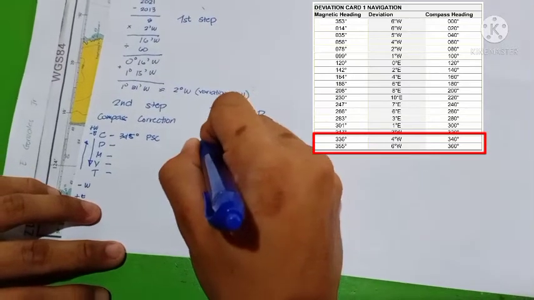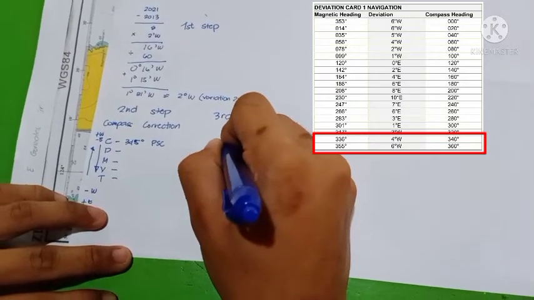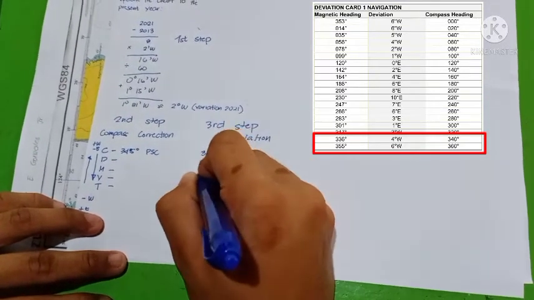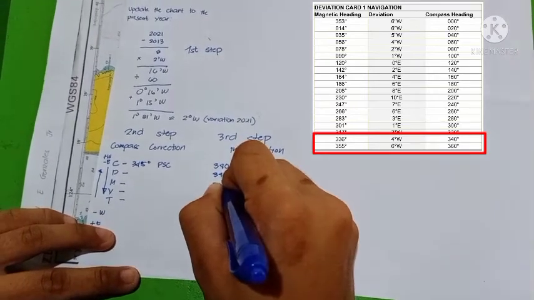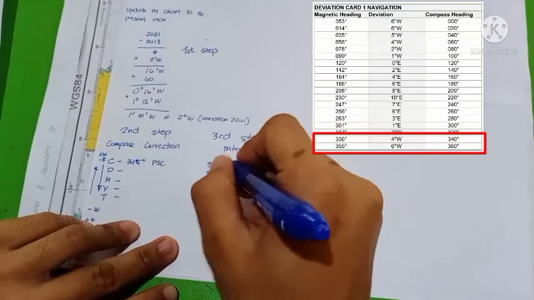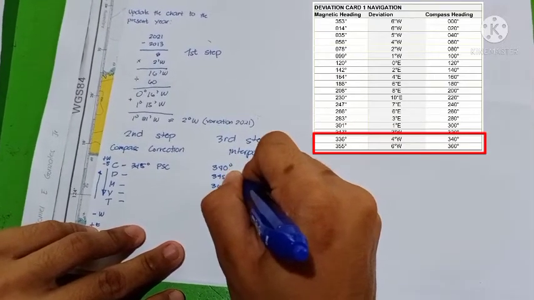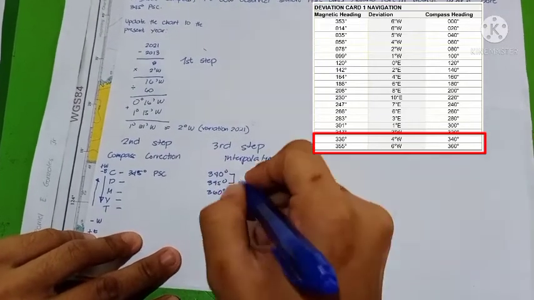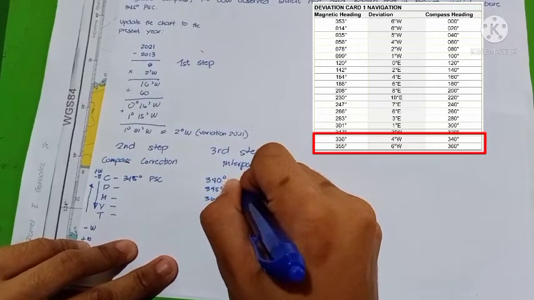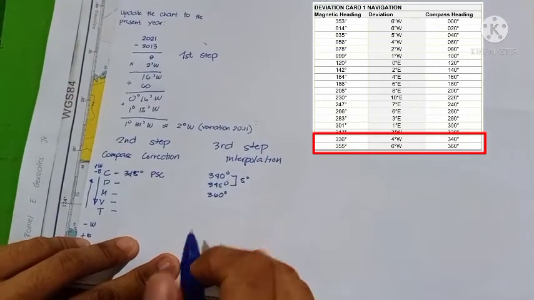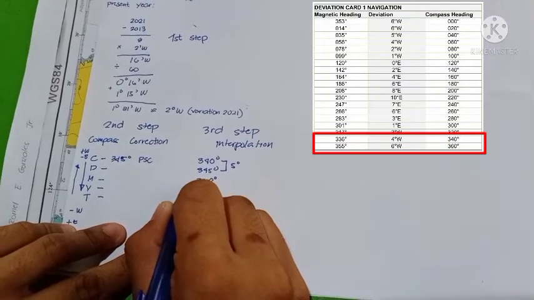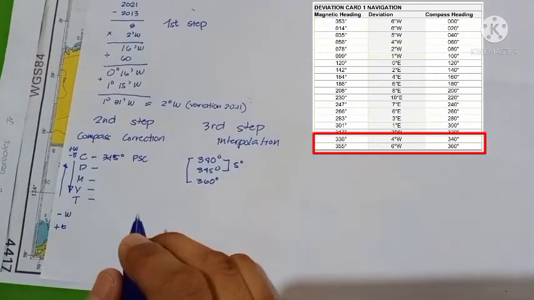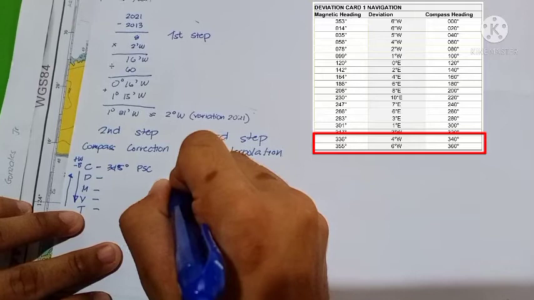So 340, 345, and 360. Subtract 345 minus 340. So the difference is 5 degrees. And next is 360 subtracted by 340. We will come up to the answer of 20 degrees.